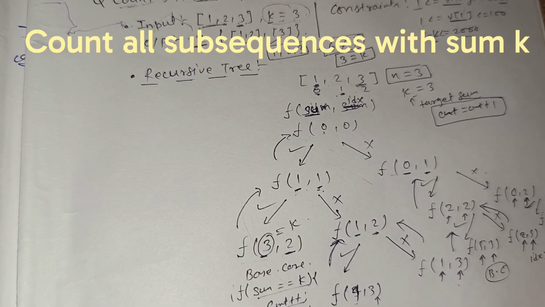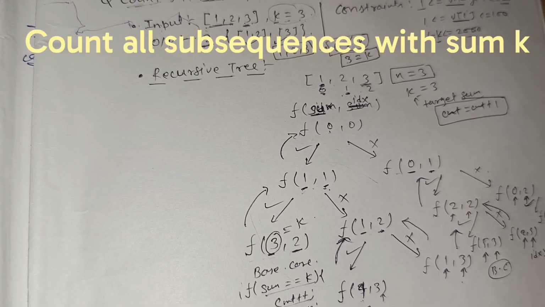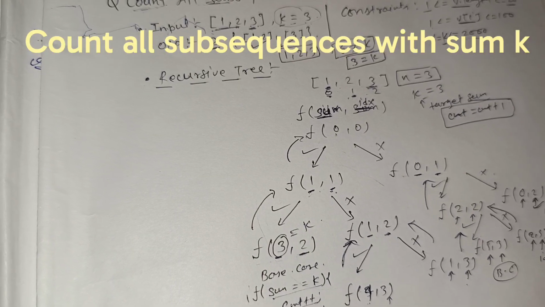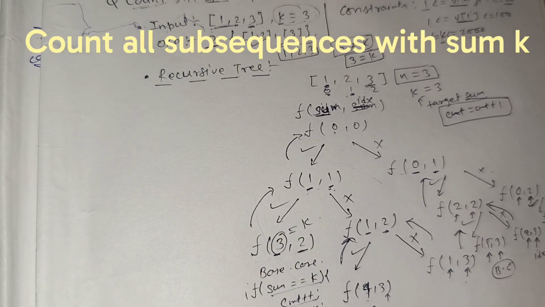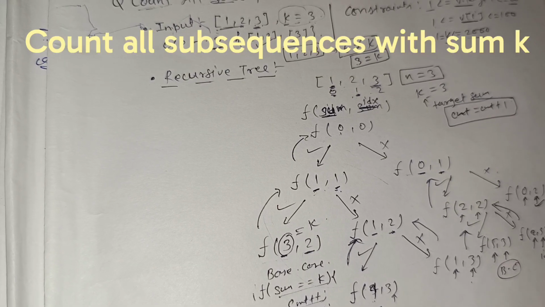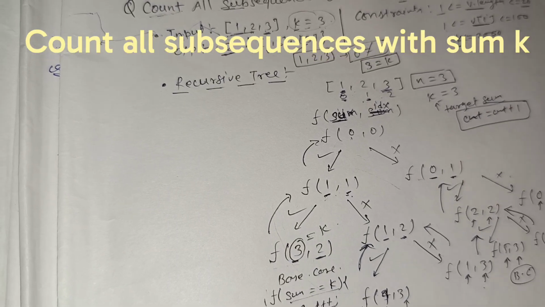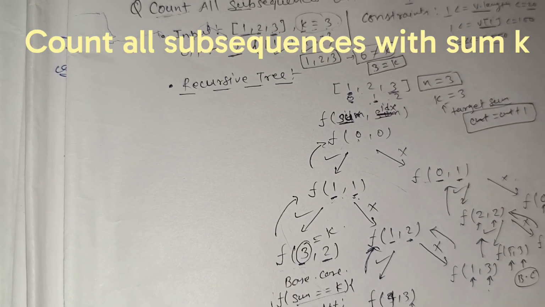As the base case is hit, sum is equal to k, count plus plus, and return. From here it will be returned.